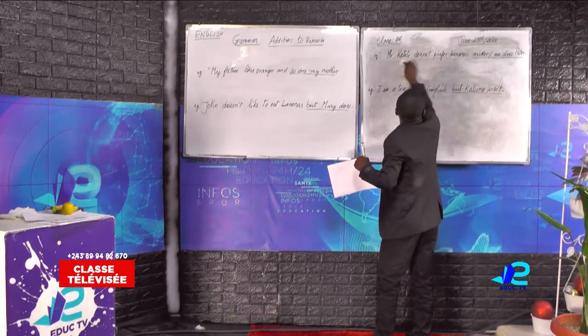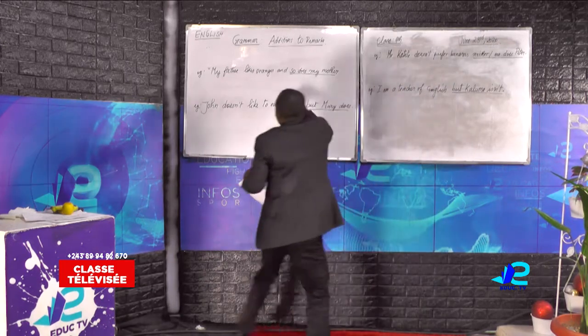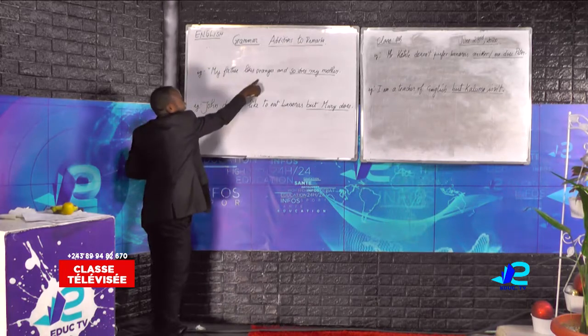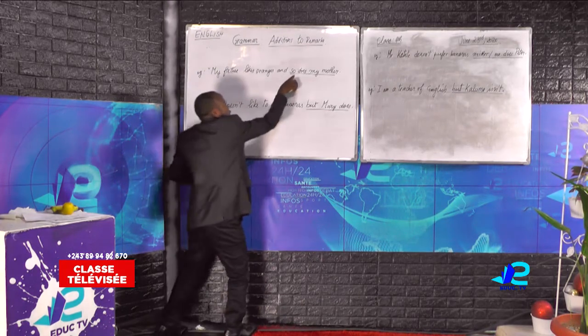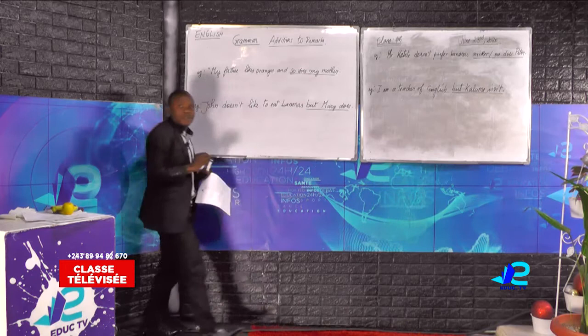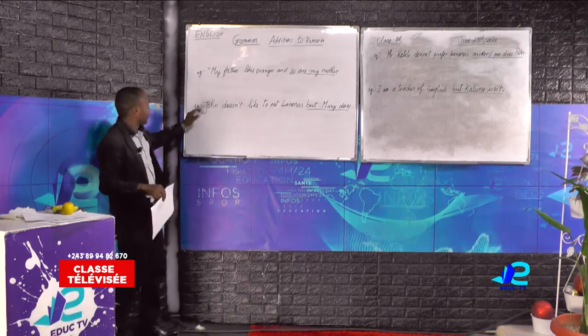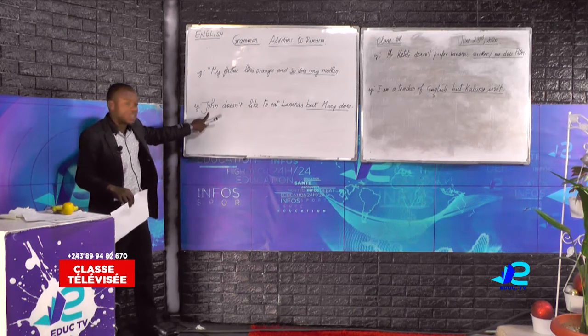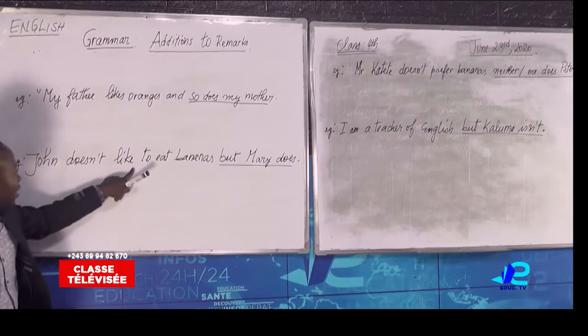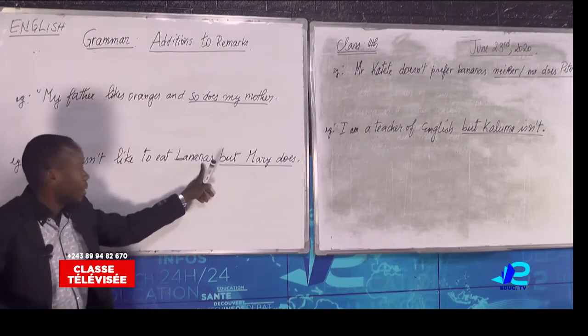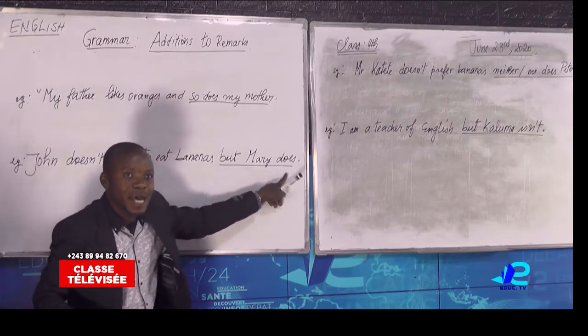As I said, we have the first example here. My father likes oranges, and so does my mother. Can you read together with me? Okay, look at now the second. Please pay attention. Don't disturb. Look at the board carefully. John doesn't like to eat bananas, but Mary does.